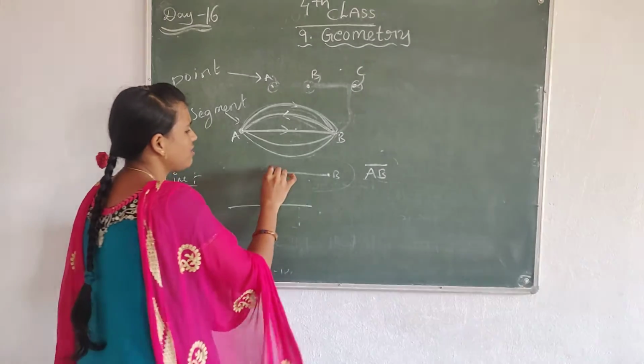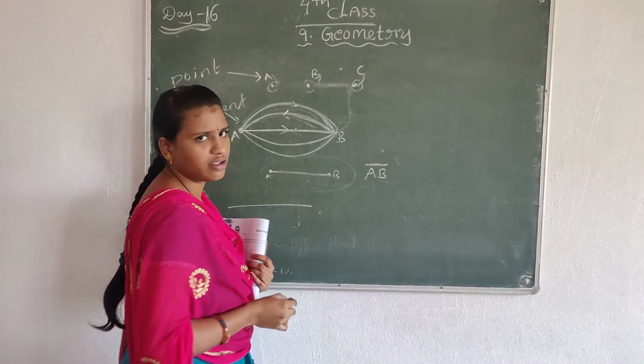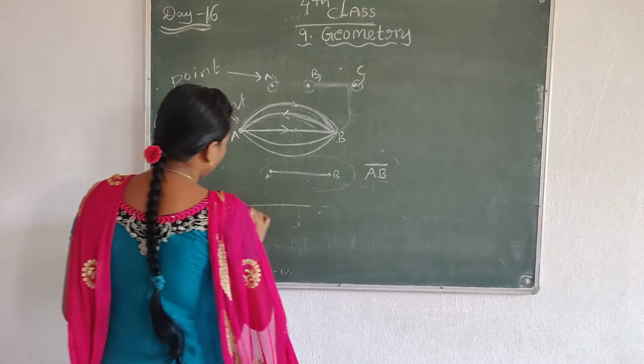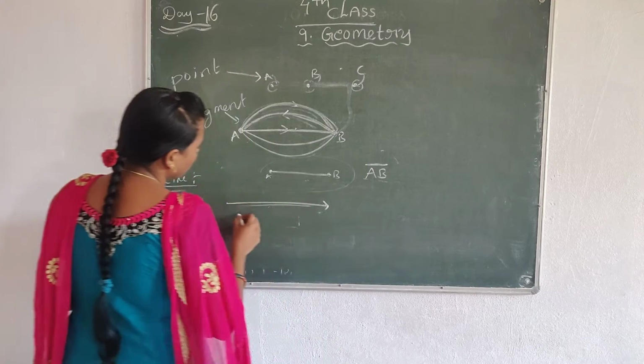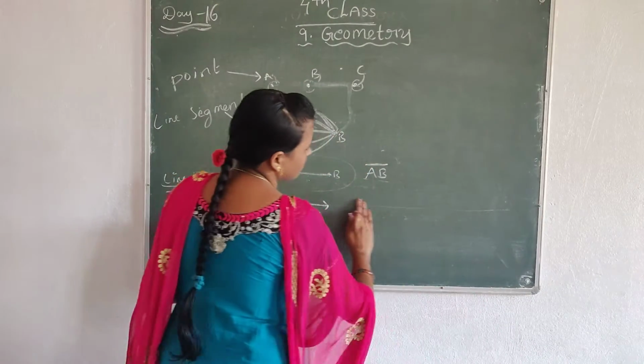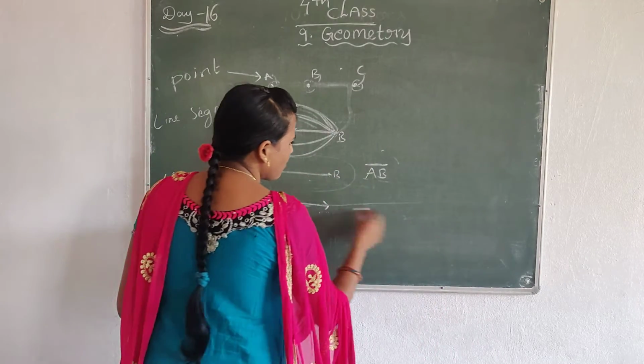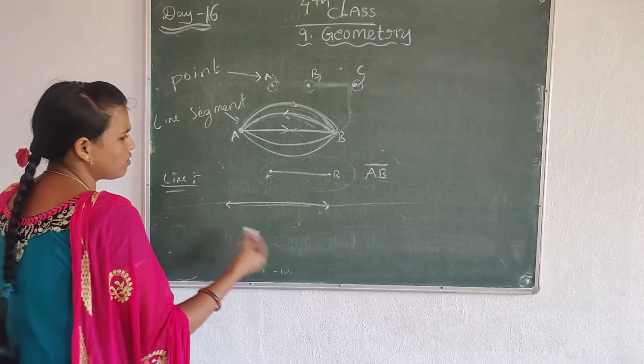No, we can't, because we have endpoints. We have two endpoints in this line segment. But a line has no ending part. We can extend this line from this side and this side, both sides.